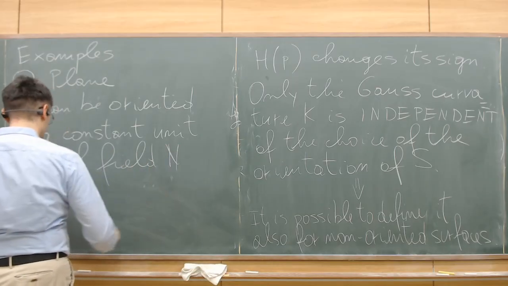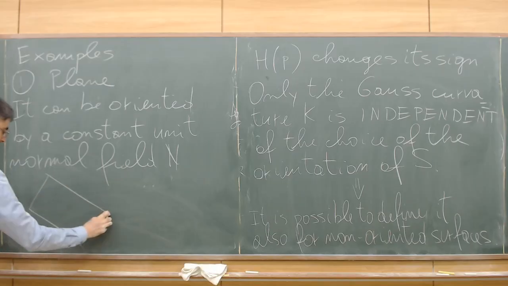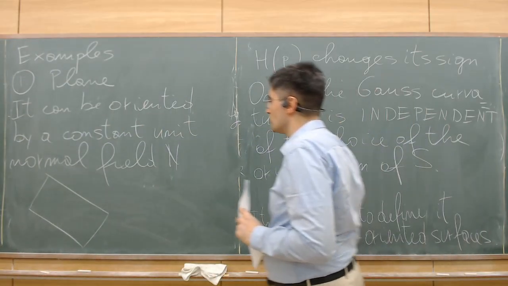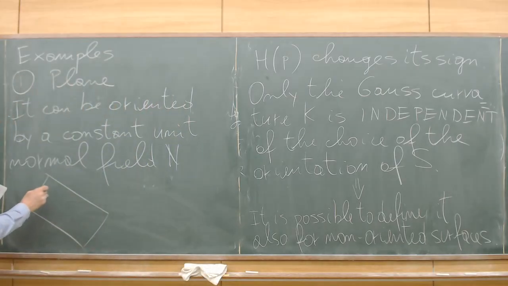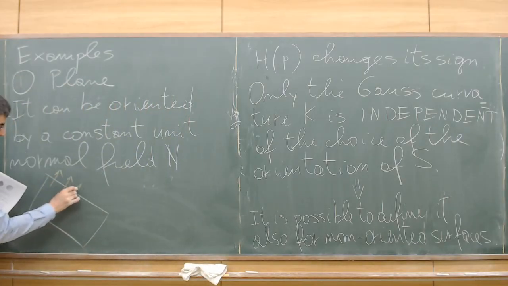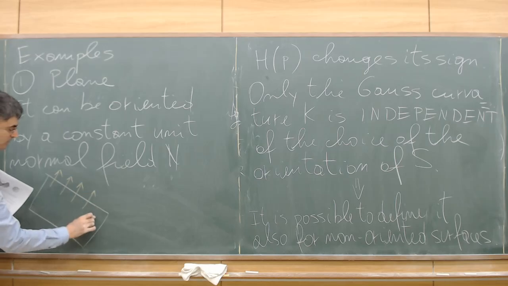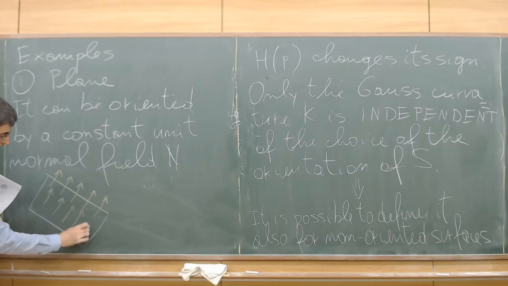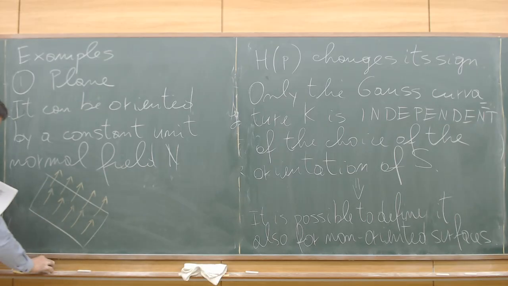So for example, if you have this plane here, you can choose n to be the constant vector field which assigns to each point of the plane this vector.